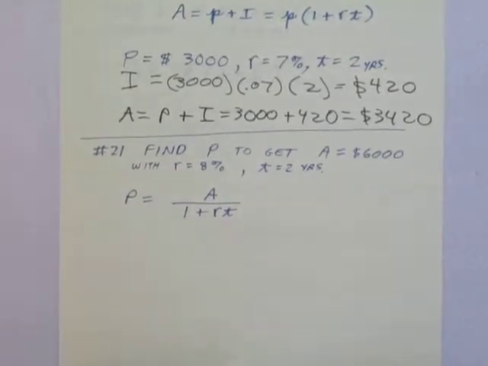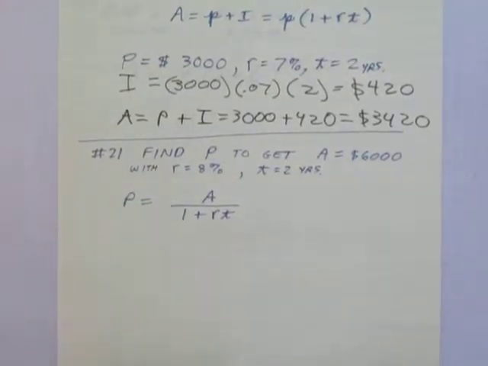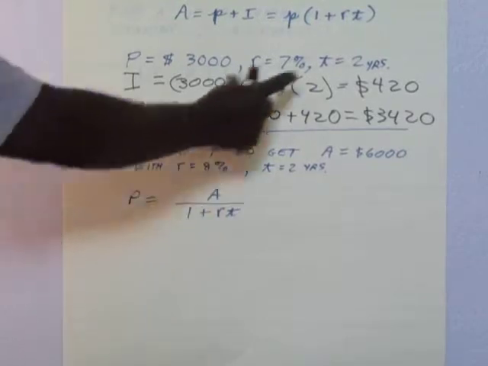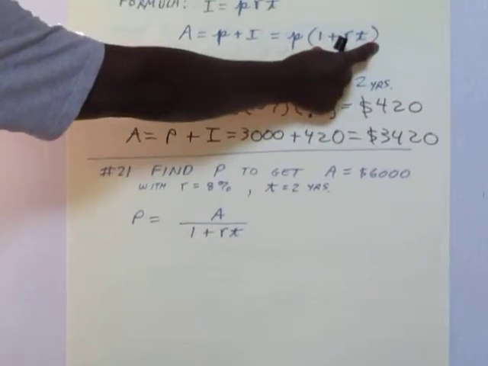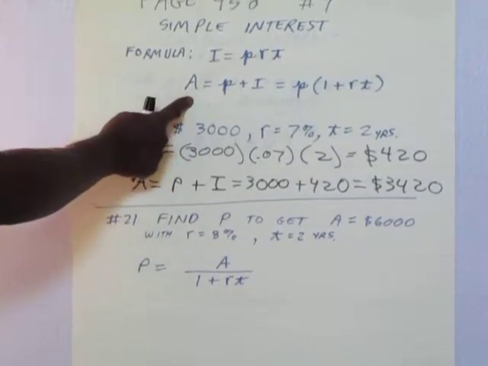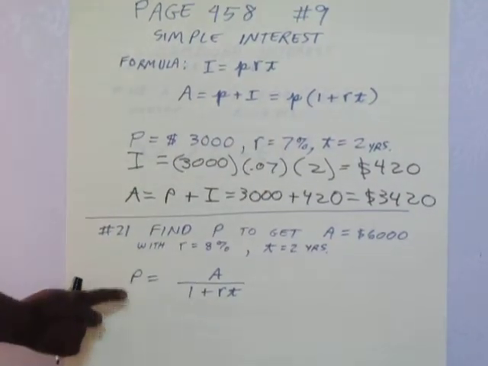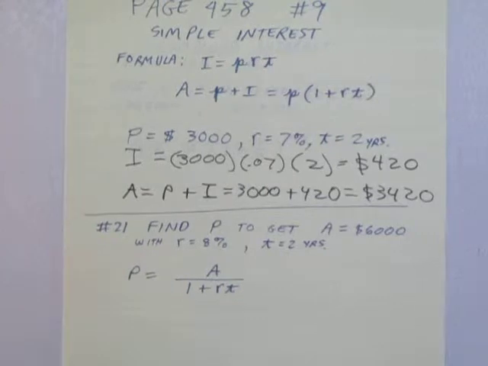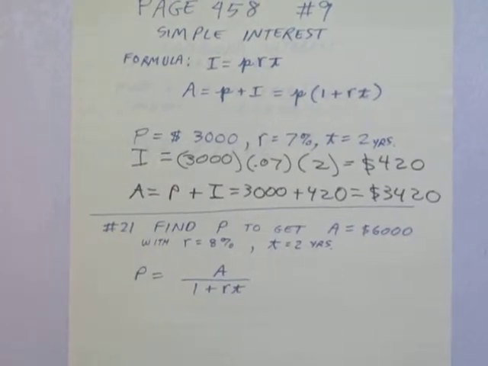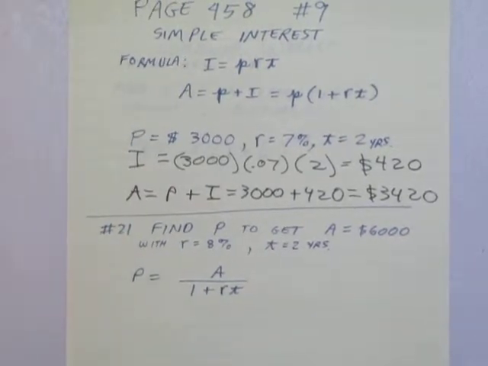Well, it's the same formula that's been algebraically manipulated. We simply take this quantity, 1 plus RT, and divide A by that, and that leaves the principal. So here's our formula: P is equal to A over 1 plus RT.